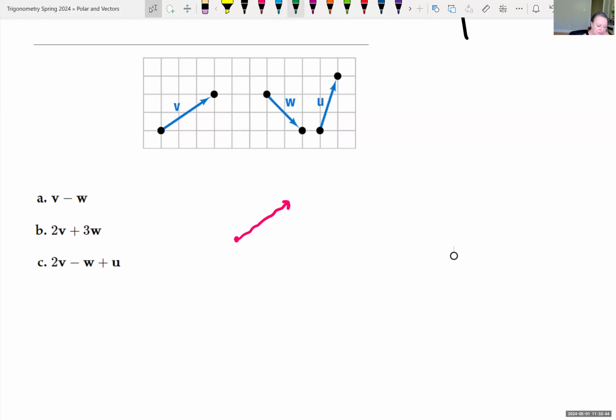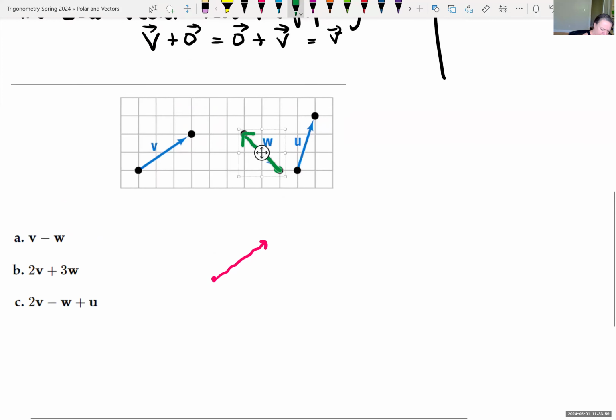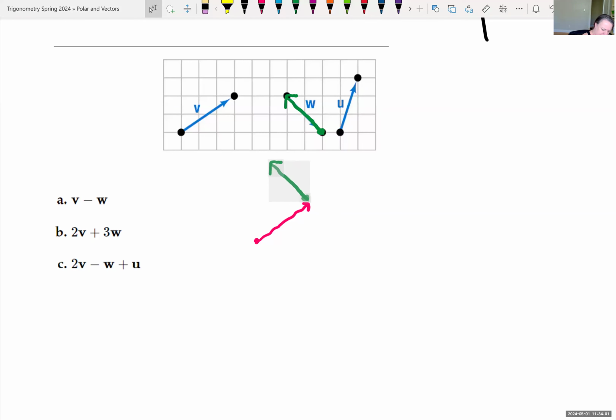For minus w, I'm going to go in the opposite direction. So starting here, I'm going to go this direction. I'm going to put my initial point to my terminal point. And so this vector that joins the initial point of my first vector to the terminal point of my second vector is going to be my resultant.